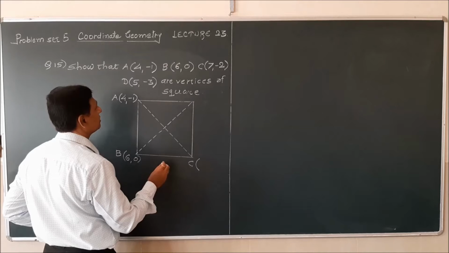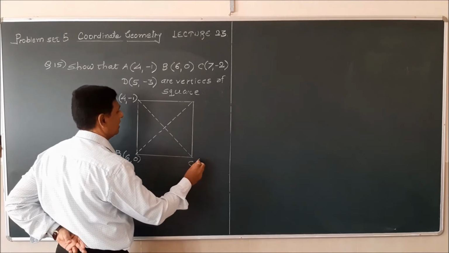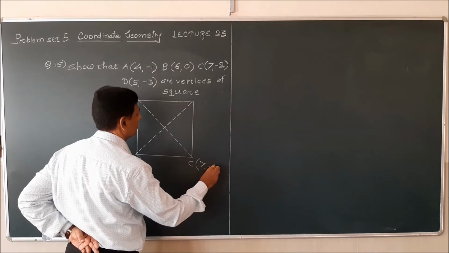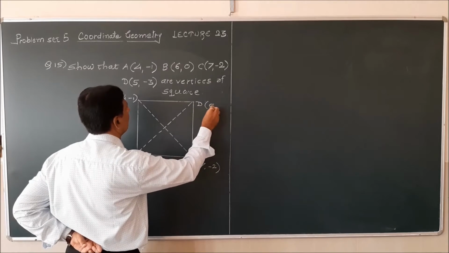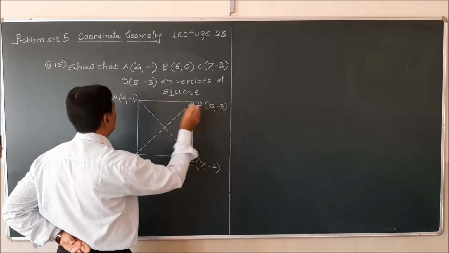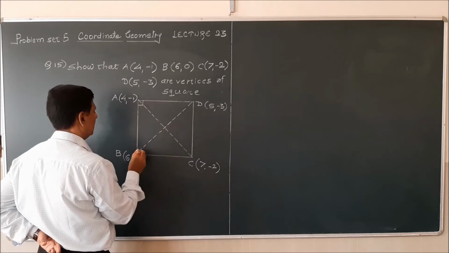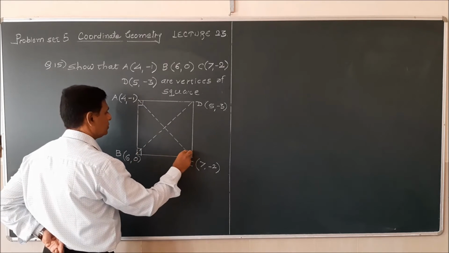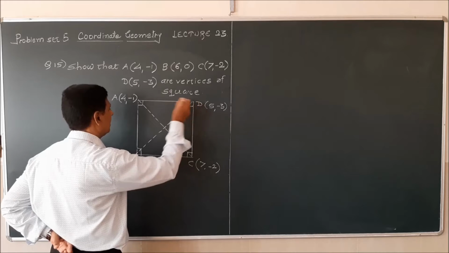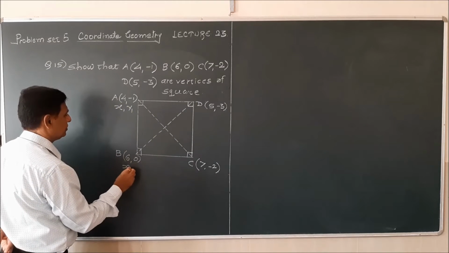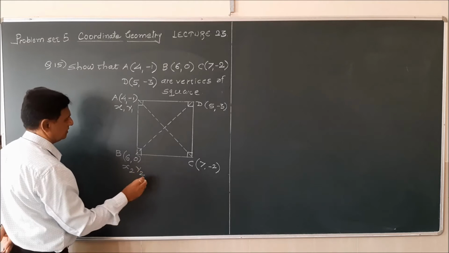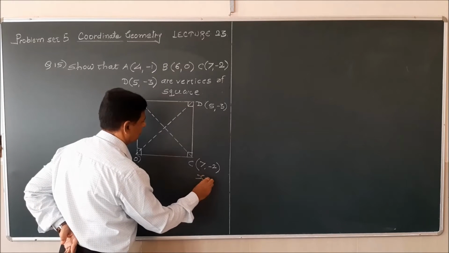So in this case we also have to prove that diagonals are congruent. So this is how you will find. No need to draw the figure in examination at all.